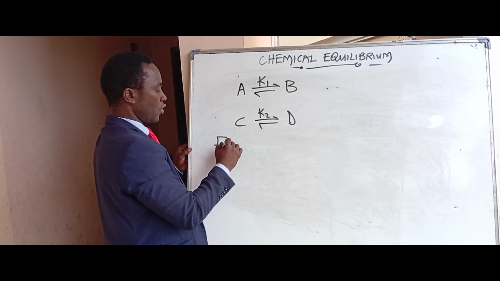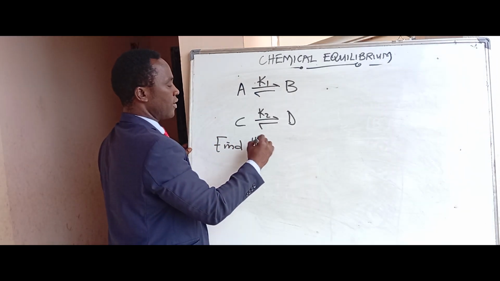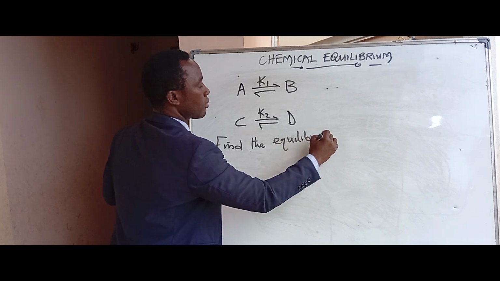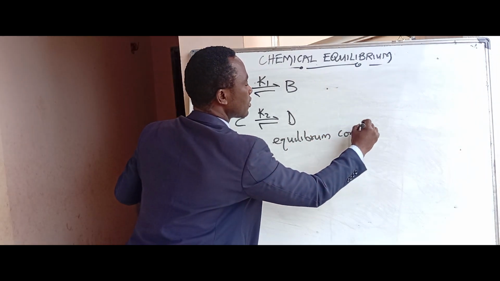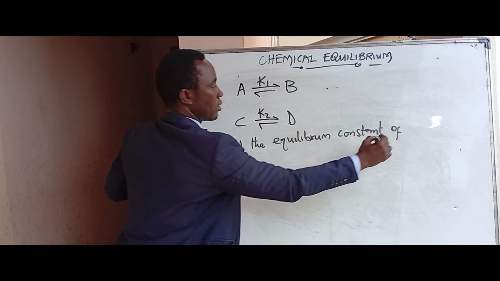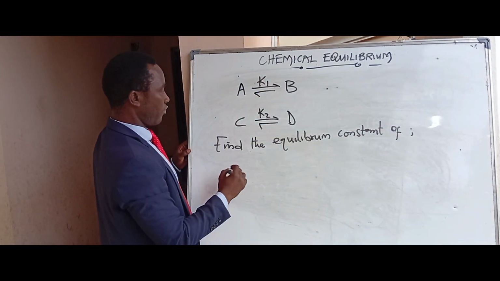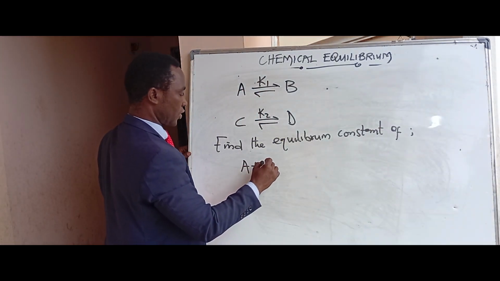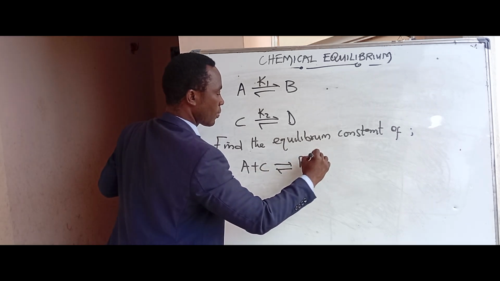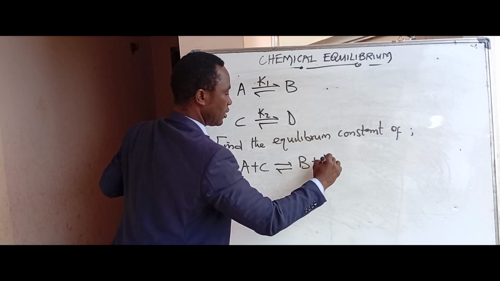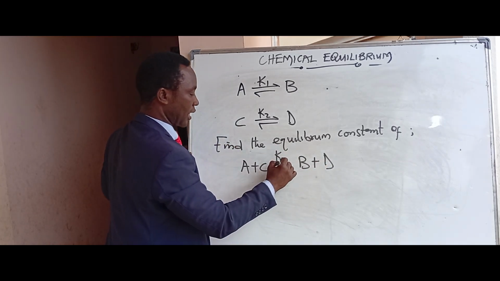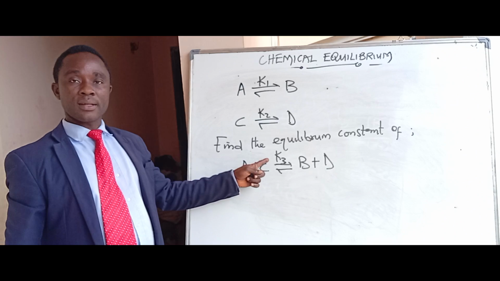And somebody asks you, find the equilibrium constant of A plus C to give us B plus D, assuming the equilibrium constant is K3. Somebody can ask you, find K3.